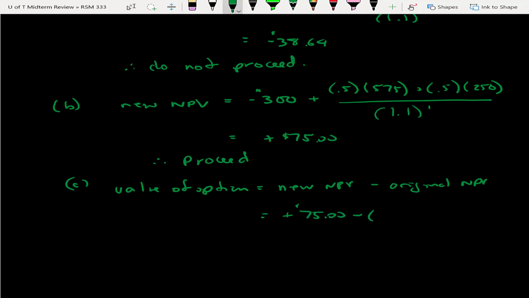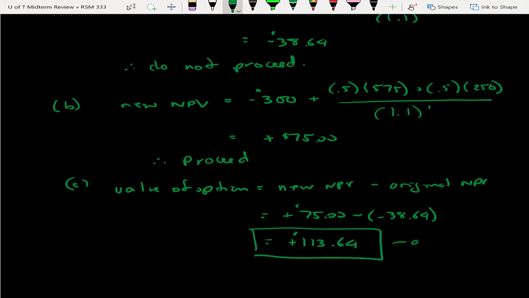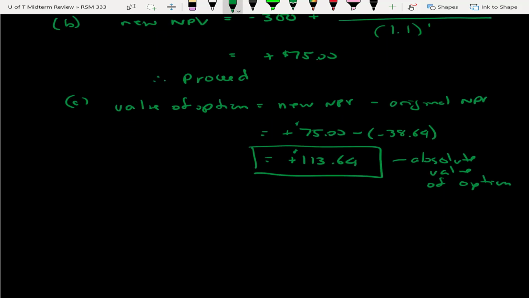The original NPV was negative 38.64. So you get a value of 113.64. Okay, now this would be called the absolute value of the option. And this is what the textbook says.